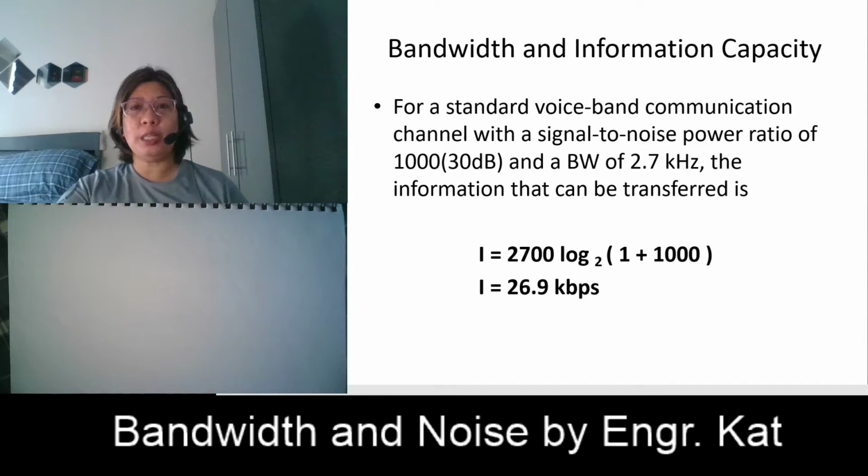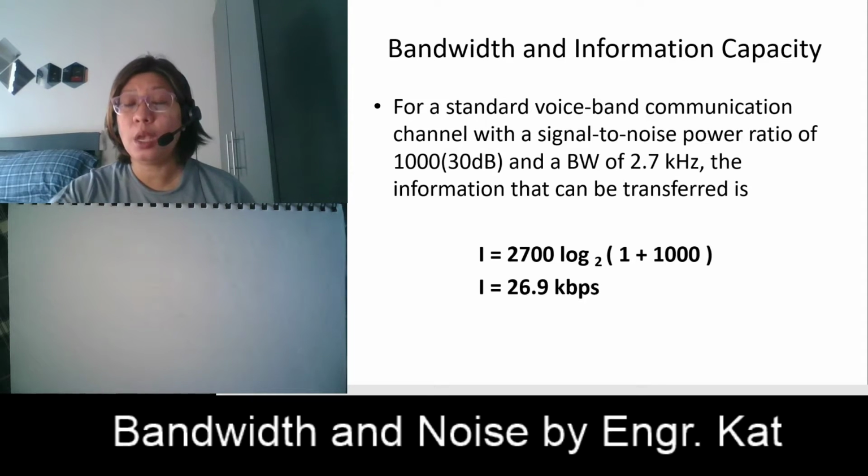The information that can be transferred is just following the formula. So we have here 26.9 kbps. If you do not know how to use the logarithm to the base 2 in your calculator, you just make use of the 3.32, multiplied by 2,700, then the logarithm of 1 plus 1000.